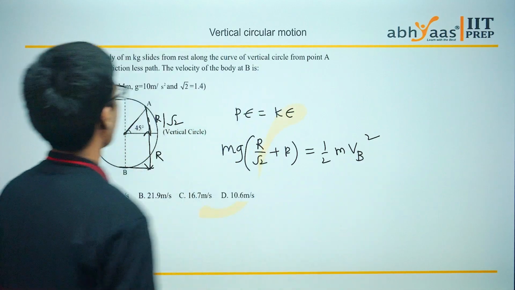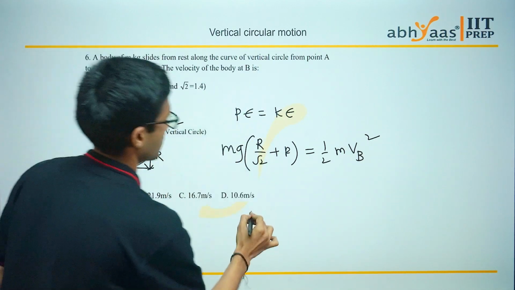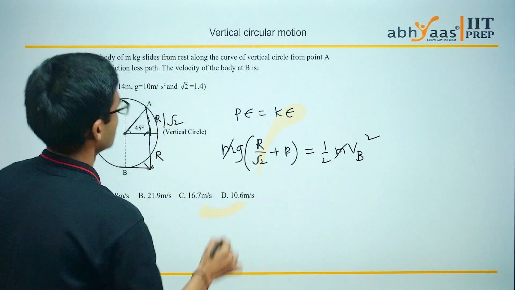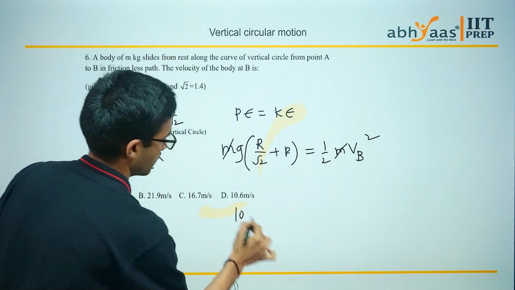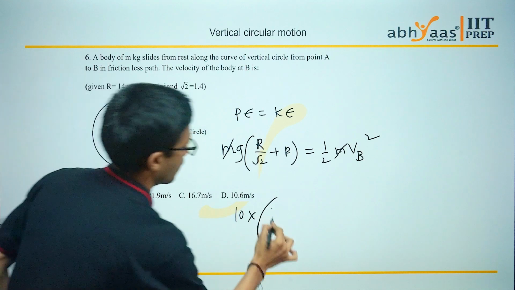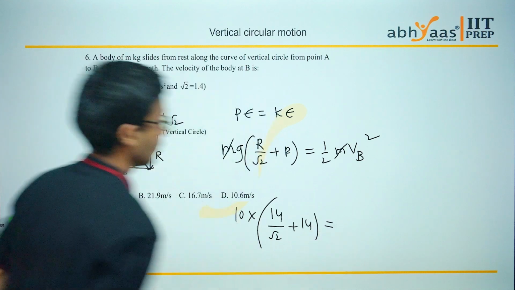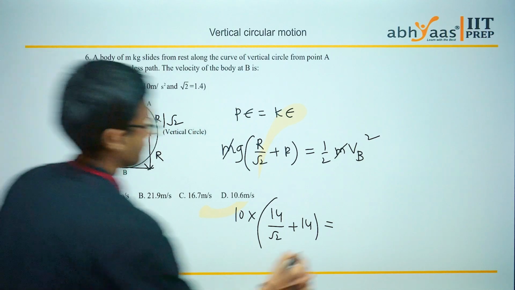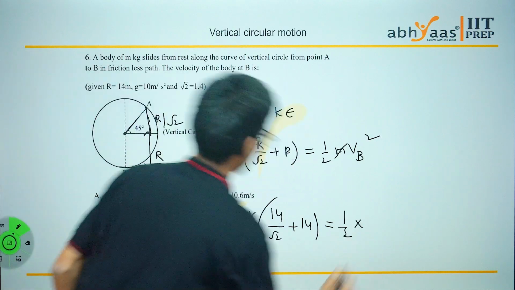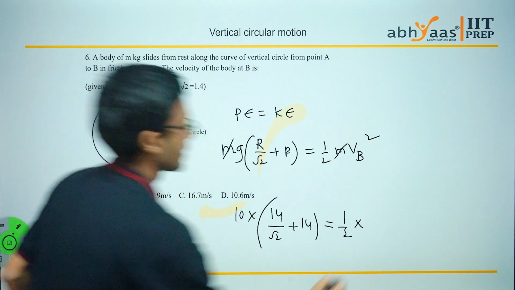Here r is the radius and mass m is cancelled on both sides. g value is 10, into r, where r is 14. So 14 by root 2 plus 14 is equal to 1 by 2 into VB square. VB we need to calculate.